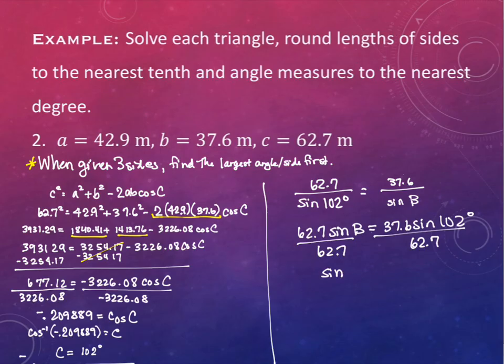So the sine of B is equal to 37.6 sine 102 divided by 62.7. I've got written down 0.58657, and if I round the last one, it would be 7. Is that all right? And then we will do our inverse sine, right?